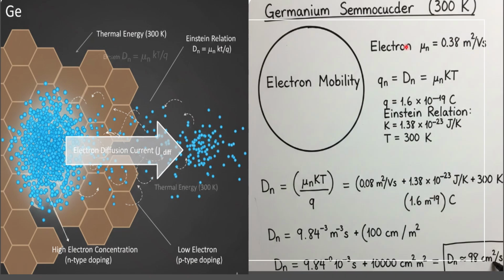Now let's see how to find it. Mobility is given in your question, that is 0.38, and kT and q are everything given here. You can use the Einstein relation to find the diffusion constant. Once you put in the values, you will get Dn almost 98.